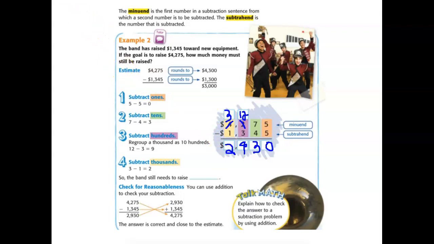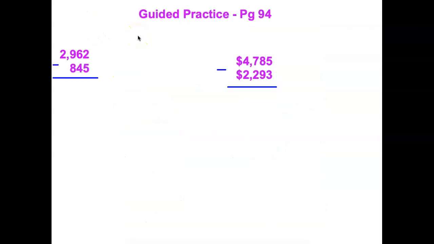Pretty easy. Okay. So we are still on page 94 and we're going to do the guided practice. So here we have two problems that we need to do. We have 2,962 minus 845. Again, be nice and neat and make sure your place value lines up. Well, I have 2 minus 5. Well, you know we can't do it.